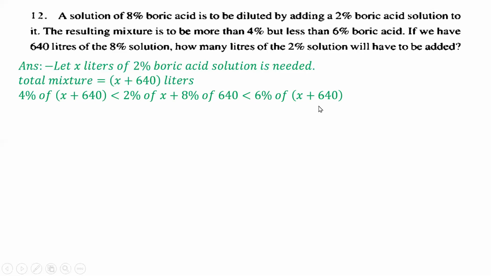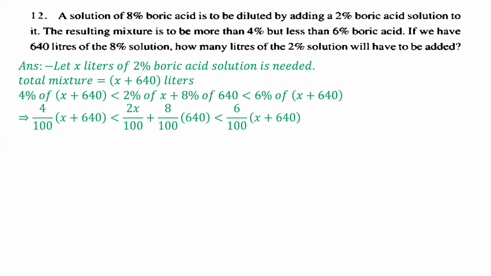So if we remove the percentage and simplify, you will find 4 by 100 into X plus 640 less than 2X by 100 plus 8 into 640 by 100 less than 6 by 100 into X plus 640. So 4 into X plus 640 less than 2X plus 8 into 640 less than 6 into X plus 640.